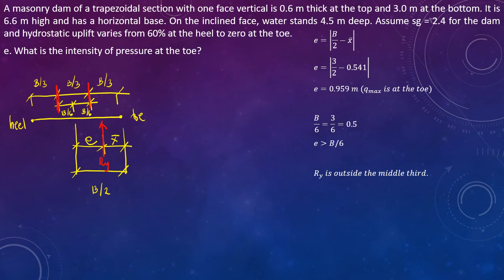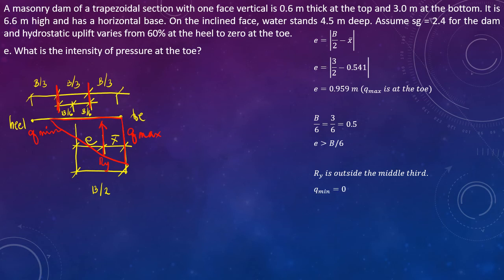Now, if this is the case, we will have a triangular pressure diagram, wherein this is your maximum pressure and this is your minimum pressure.